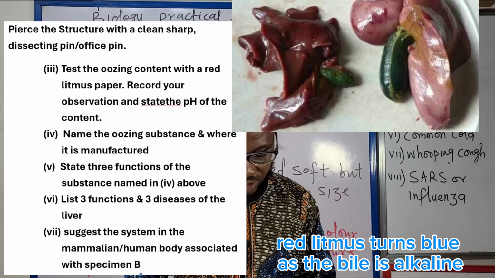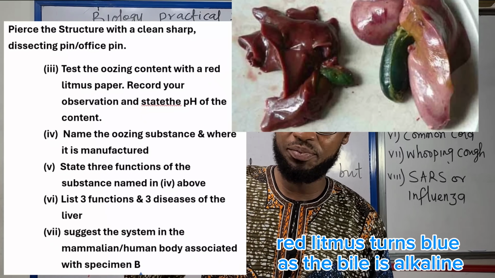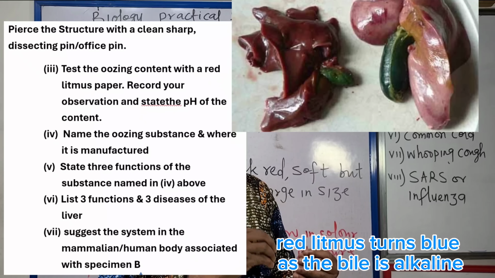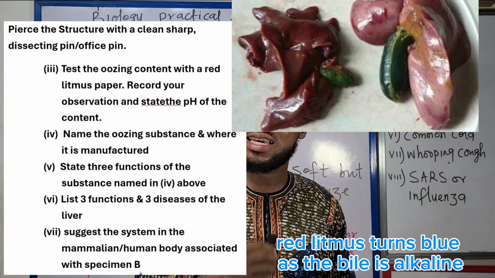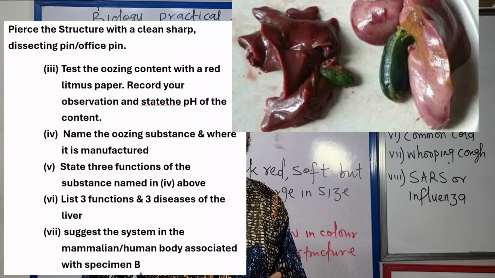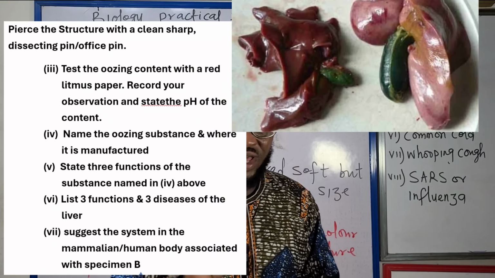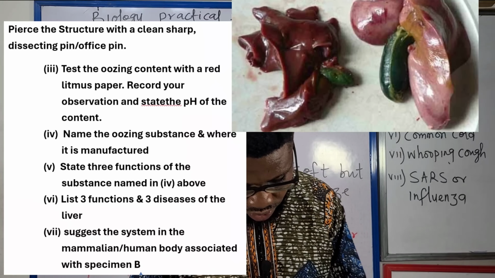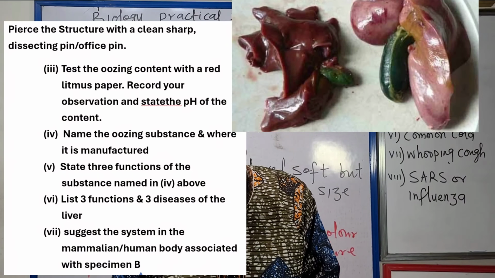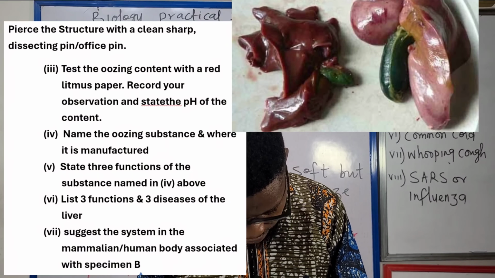The red litmus is going to turn blue because the pH of the contents of the gallbladder, talking about the bile pigment, is actually alkaline with pH greater than 7. So testing with the red litmus here means that the red litmus paper is going to turn blue, and that ends Roman figure 3.